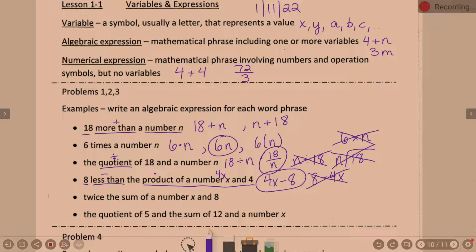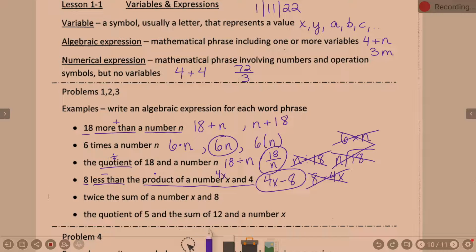When you see the words less than used in a subtraction situation, you want to reverse them and do 4x minus 8. Okay, next one.